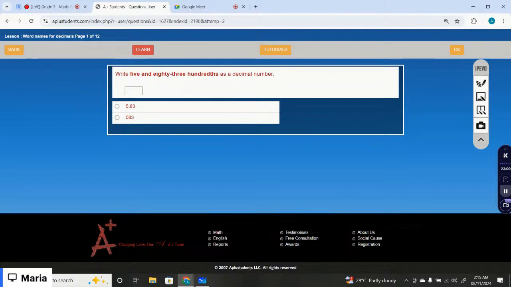So 5.83. Why option number 2? 83 hundredths. TH, when you have hundredths, thousandths, these are the numbers that are after the decimal point. So that is 5.83.